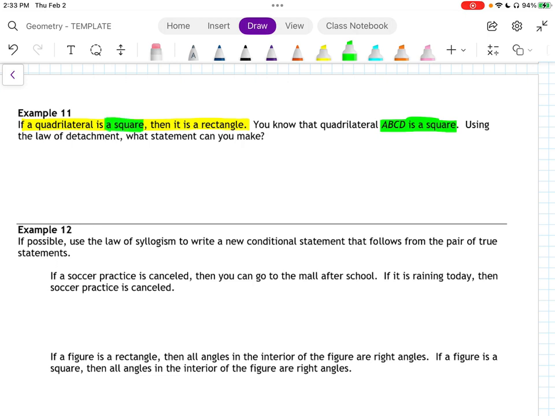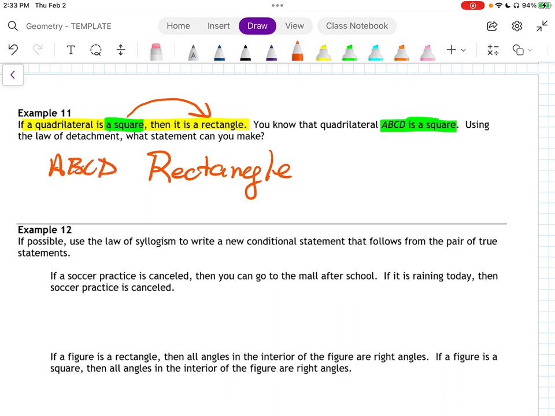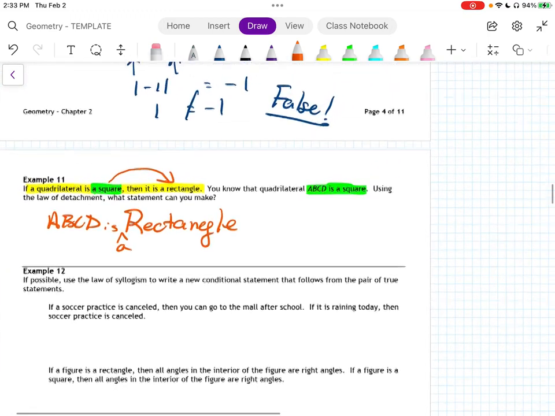It is a square. So we can jump over and say, well, it's a rectangle. We could say ABCD is a rectangle. Okay, that's using the law of detachment, right? You're just kind of plugging it in.